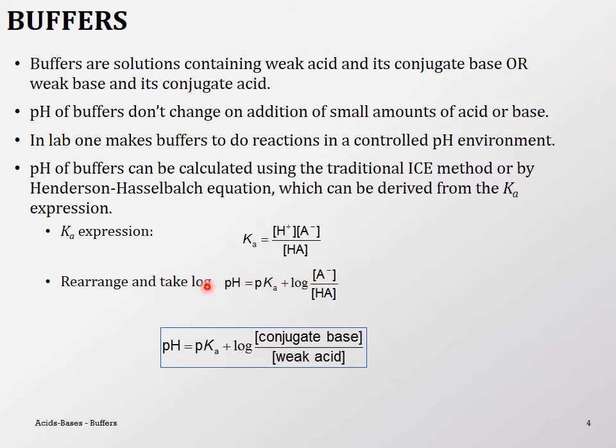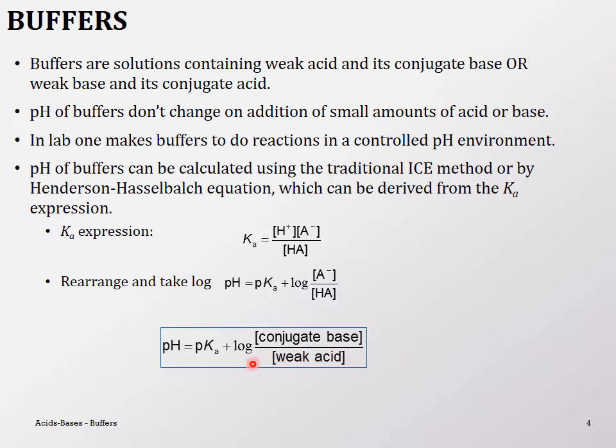So pH is equal to pKa plus the log of the anion over the acid. This is what we call the Henderson-Hasselbalch equation, and it is fantastic for calculating the pH of buffers.